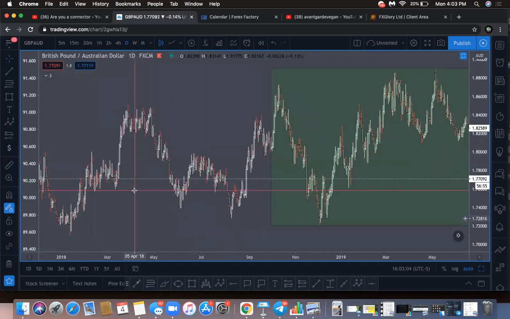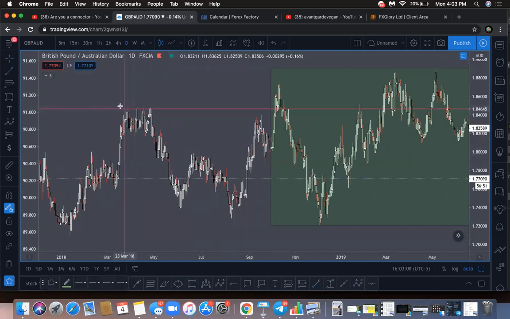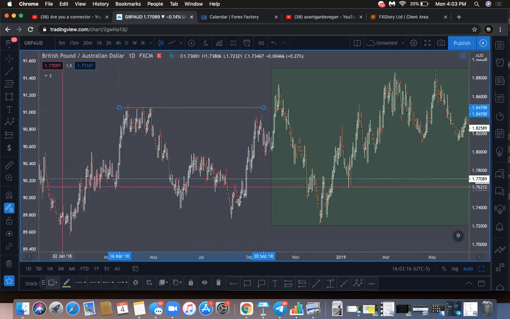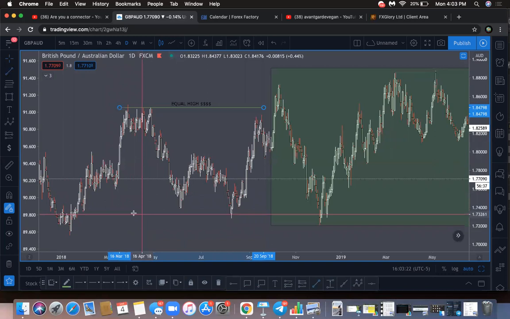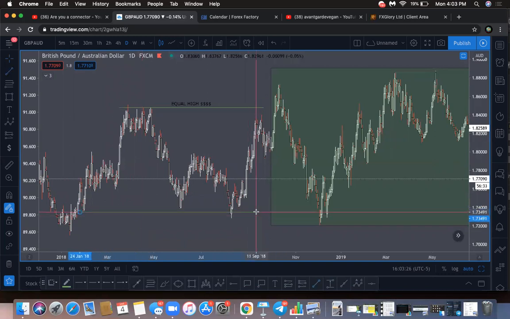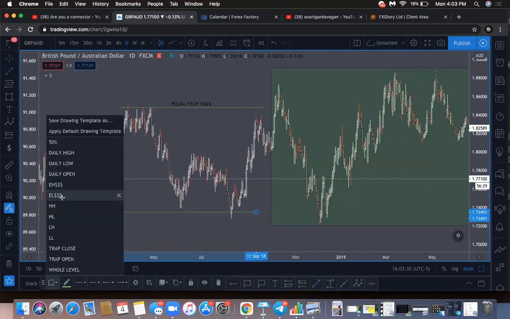So the market creates highs, right? Money sitting right there. And the market creates lows, right? Money sitting right below here.